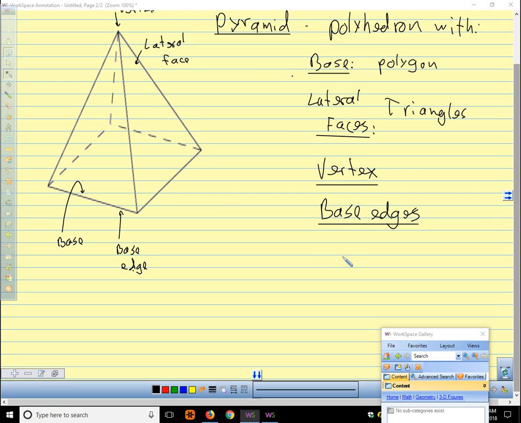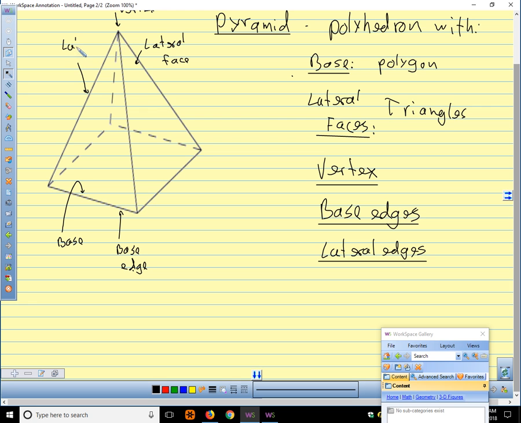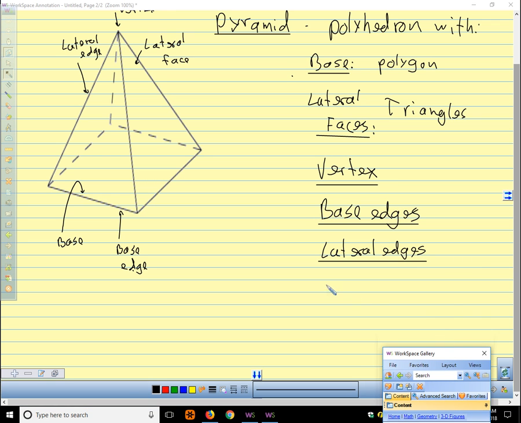We have lateral edges. Lateral edges are where the lateral faces come together. So this would be a lateral edge. We have an altitude or a height.